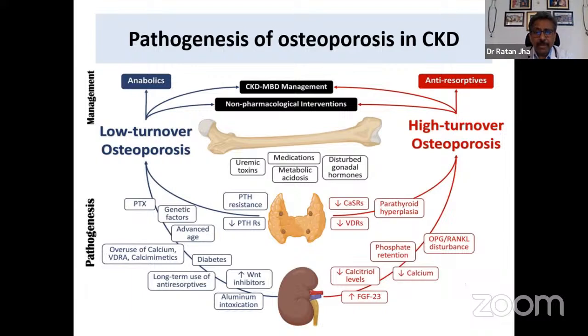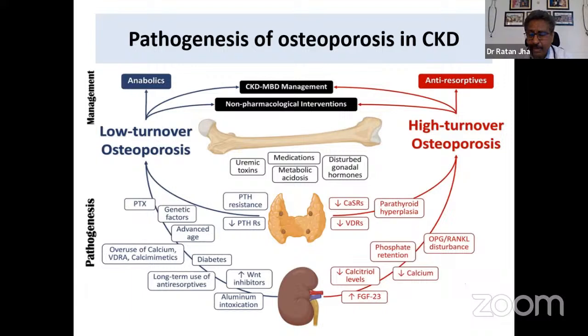There are many other factors which may turn the tide in one direction or the other, like uremic toxins. Medications like steroids can lead to low turnover disease. Metabolic acidosis can lead again to high turnover bone disease, and disturbed gonadal hormones can also lead to any specific type of osteoporosis, low turnover or high turnover.